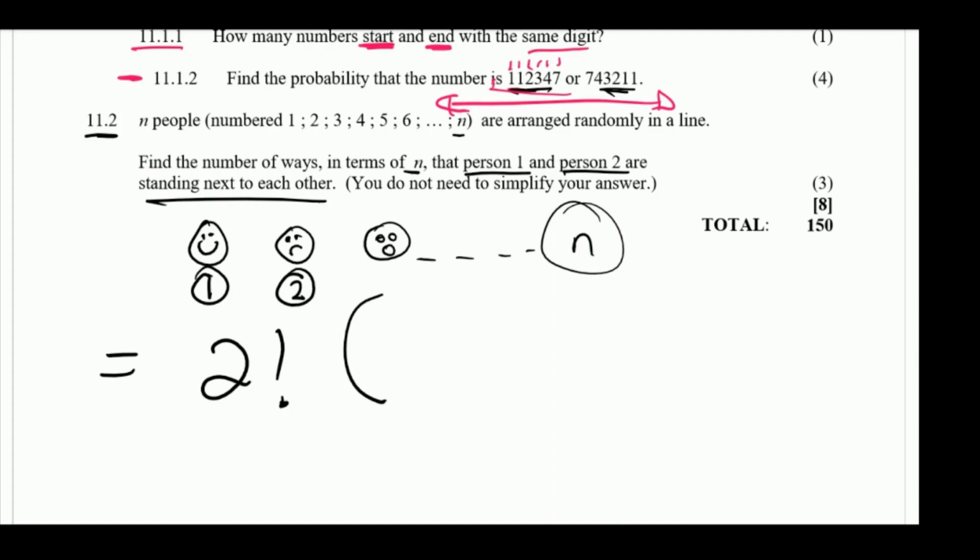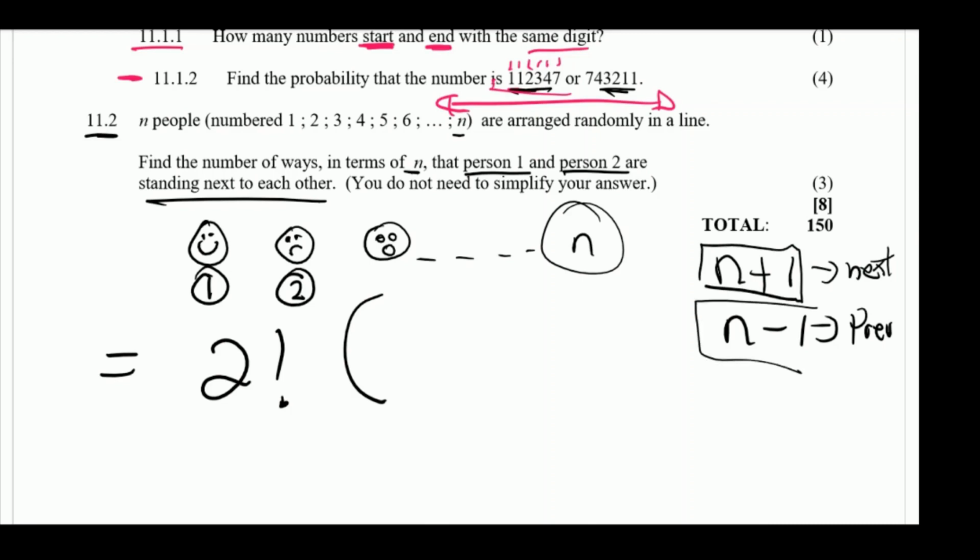Because when you say n plus 1, you are going to the next person, right? Like if you think of it in terms of sequence and series. If you say n minus 1, you are basically talking of the previous person. So this is the next person, this is the previous person.